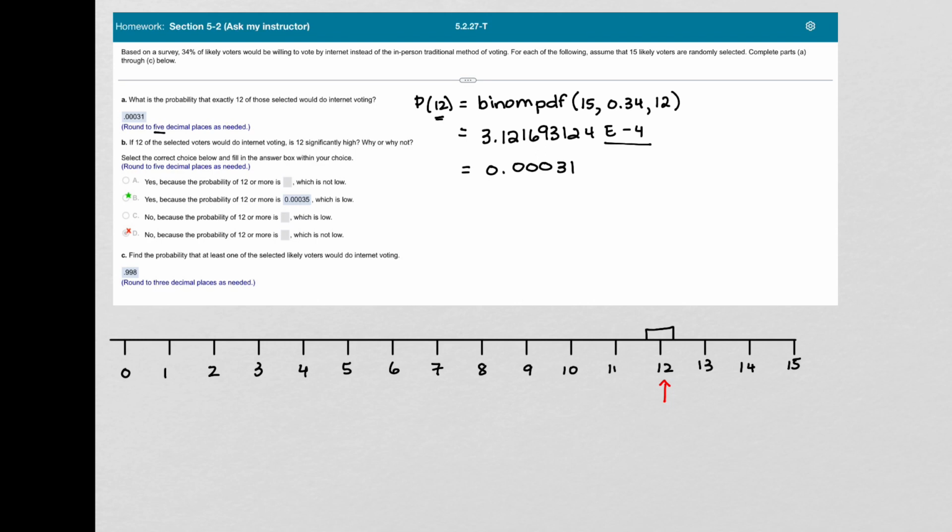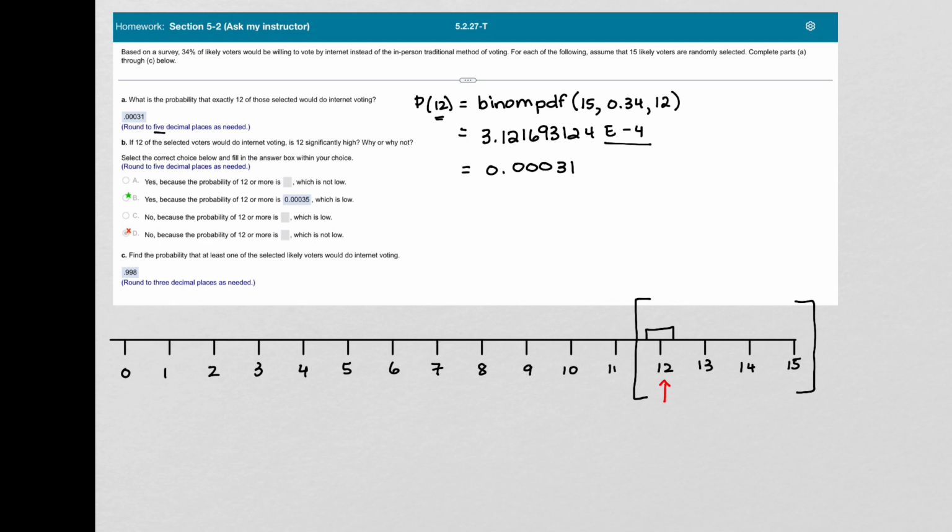In part B, it says if 12 of the selected voters would do internet voting, is 12 significantly high? So we want to know if the probability of 12 or more people voting on the internet, is that a significantly high number of voters?